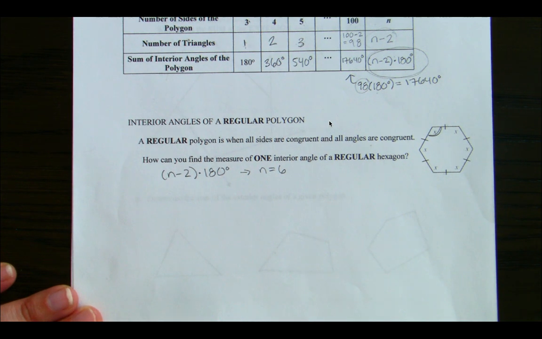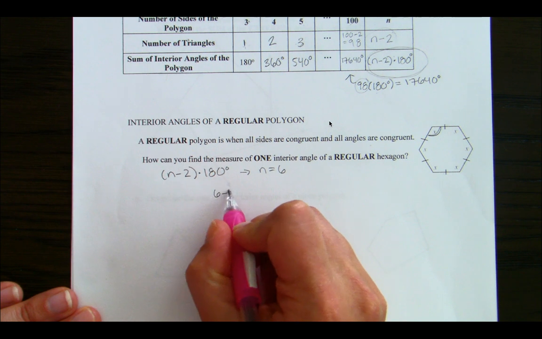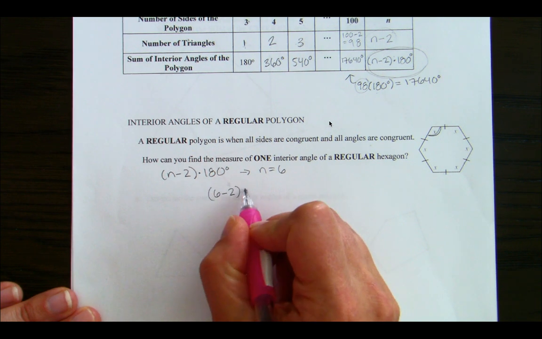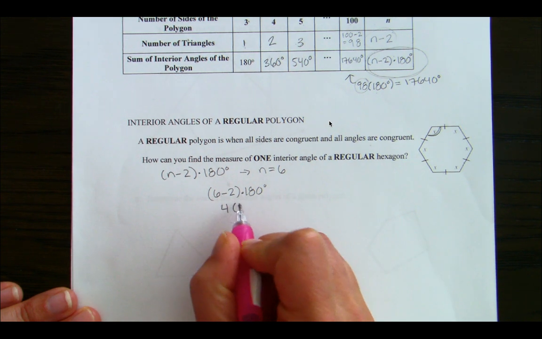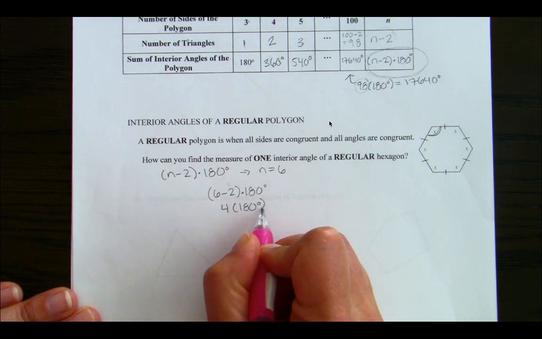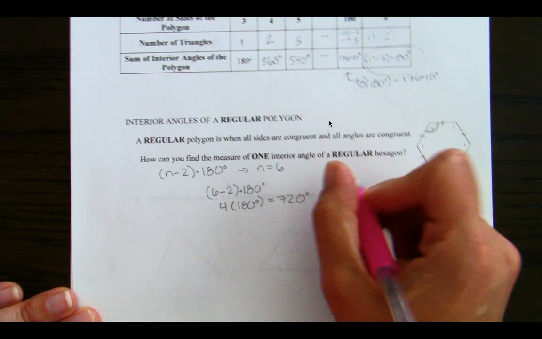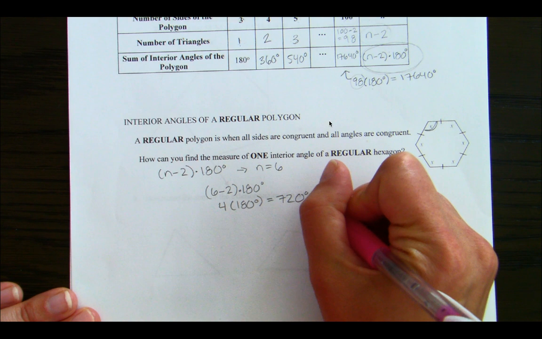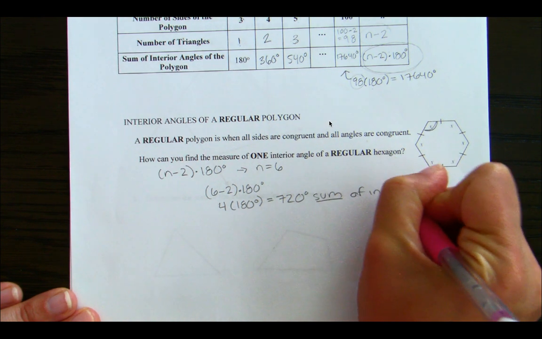I'm going to plug that 6 in. I end up with 6 minus 2 times 180, so we get 4 times 180, which gets me to 720. So this is 720, the sum of interior angles.